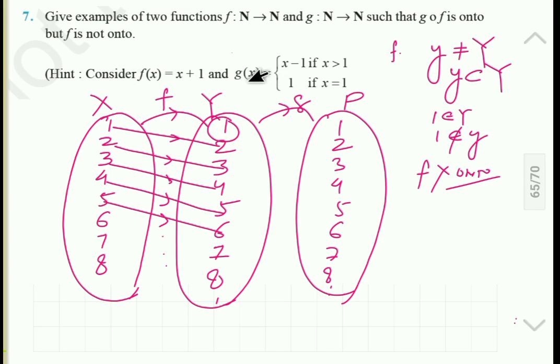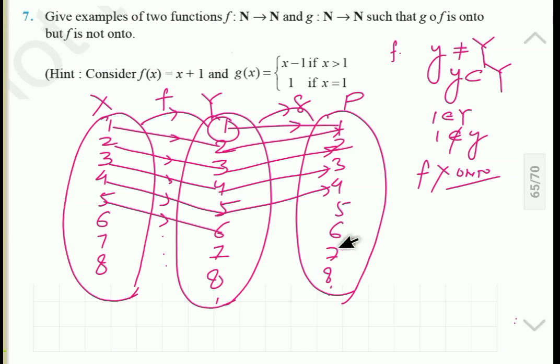So g is defined like this. If x is equal to 1, g(x) is 1. And g(x) is equal to x minus 1 if x is greater than 1. So if it is 2, it will be mapped to 1. If it is 3, it will be mapped to 2. 4 maps to 3, 5 maps to 4. That means its codomain is fully exhausted.